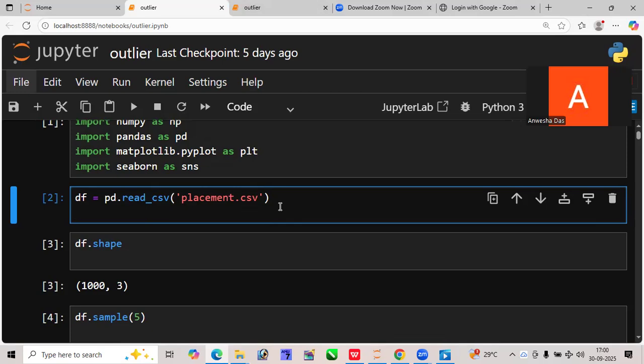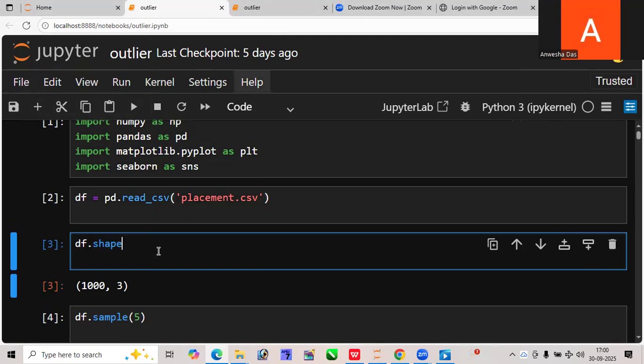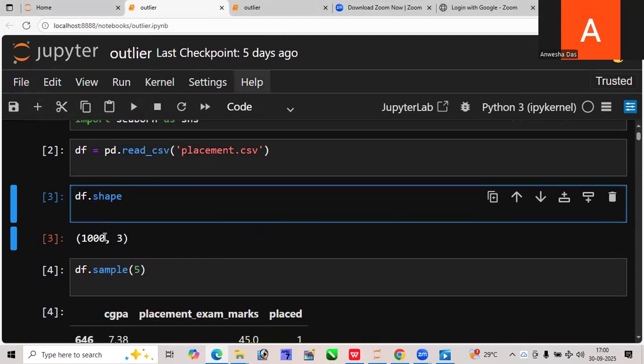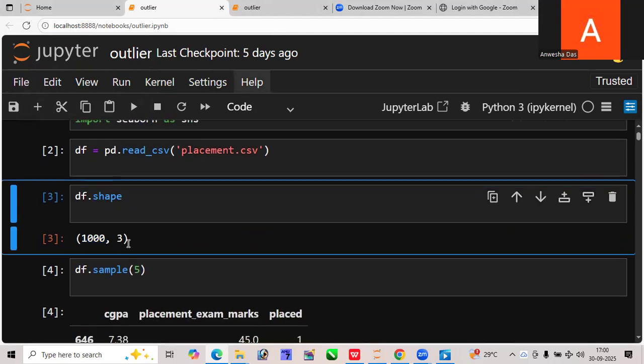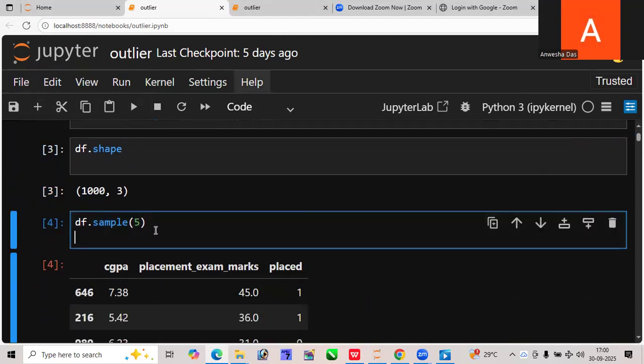I have already uploaded it in home. Now I have read that CSV data. After reading it, I want to check the rows and columns, so I have simply written df.shape here. So 1000 is my rows and 3 is my columns. After that, I want to check the data.